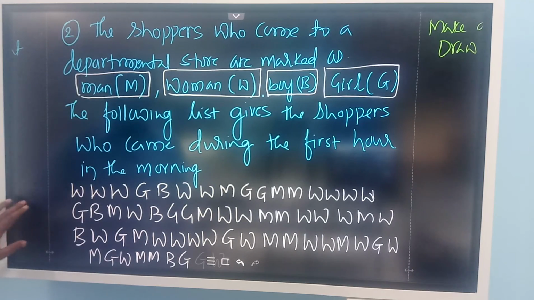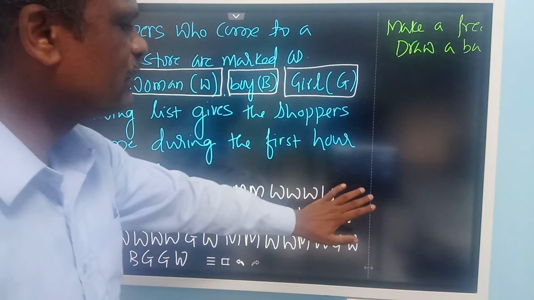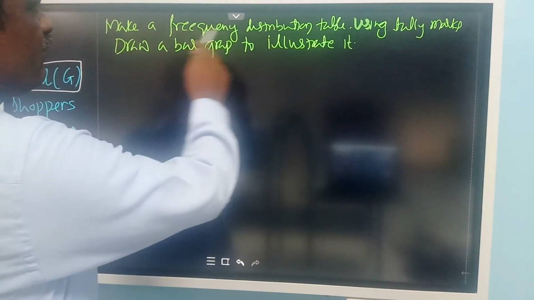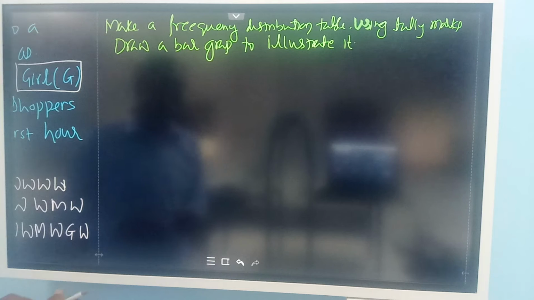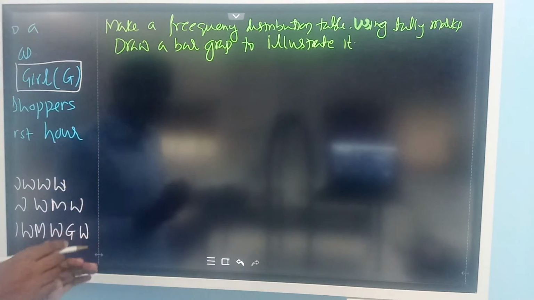Now this data we have to represent. What you have to do: make a frequency distribution table using tally marks, and draw a bar graph to illustrate it. So you have to make the frequency distribution table here.